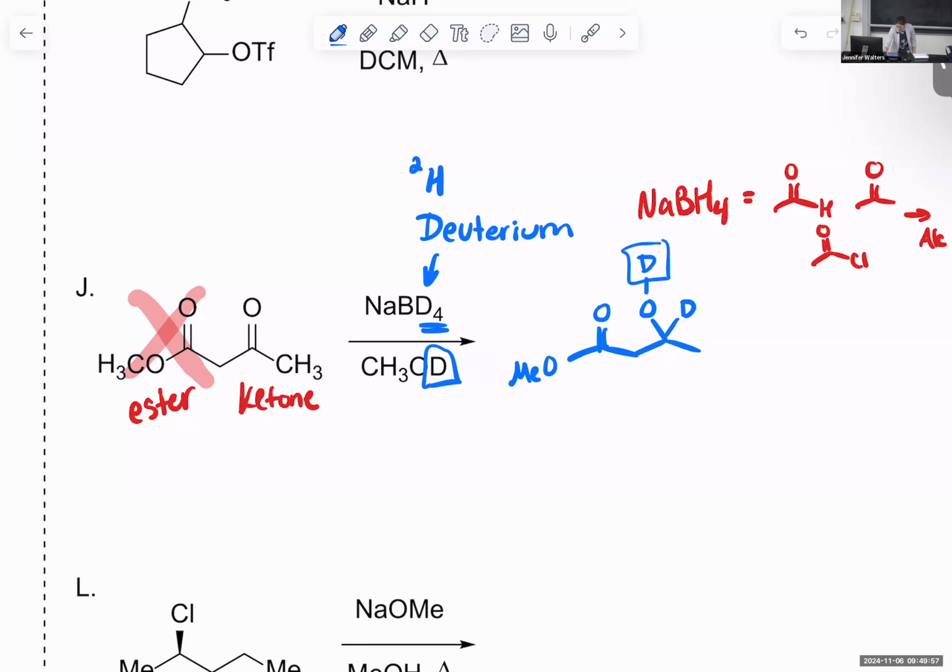So this deuterium came from the solvent, and then the deuterium on the carbon is the one that came from the reductant, because we do that addition reaction. You take the electrons, it attacks the carbon of the carbonyl, electrons go up onto oxygen, and then we protonate that O- with our solvent. Right? Any, yes?